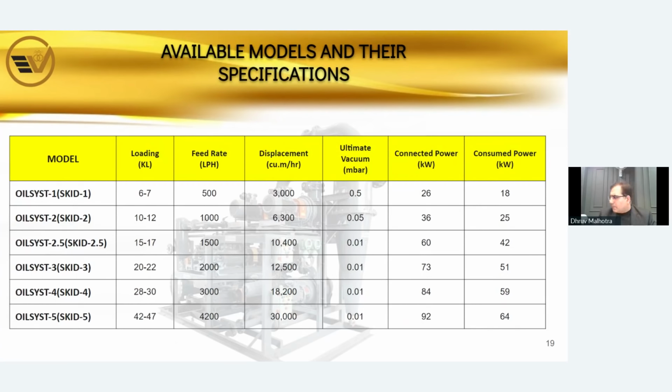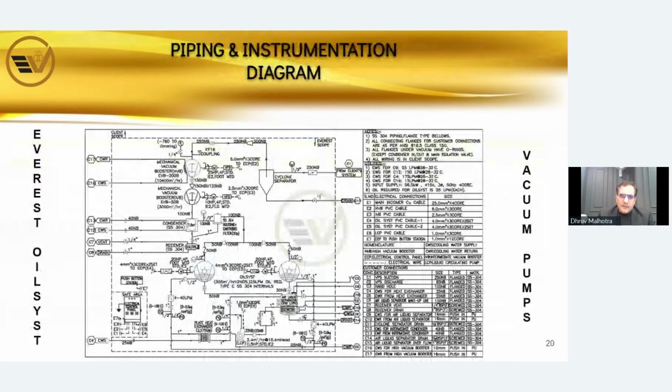A typical P&ID, the process and instrumentation diagram, I'll be showing in the next slide. As we told you, this whole system being offered is a complete skid mounted unit. It is a complete plug and play package designed to fit into a container and shipped to any part of the world.